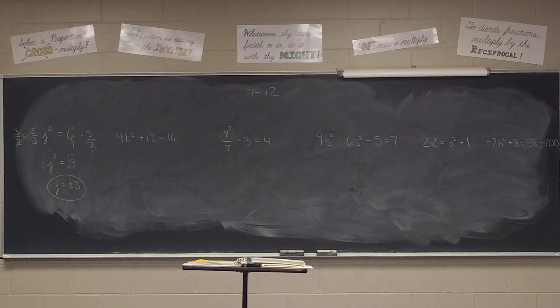Remember, the quickest way to get rid of a fraction is to multiply by the reciprocal. So we're at 2/3. If we multiply by 3/2, bam, bam, we're down to just j squared. But you have to do the same on the other side. Put the 6 over 1 and multiply by 3/2. Cancel the 2 and 6 to get a 1 and 3. Boom, got yourself a 9. Easy to take the square root of both sides.